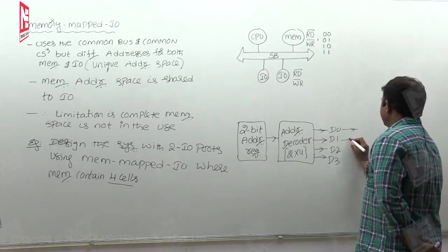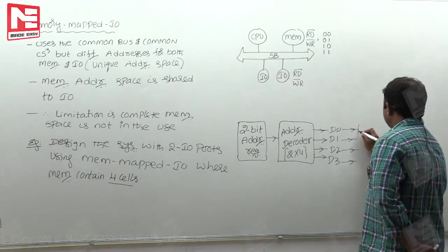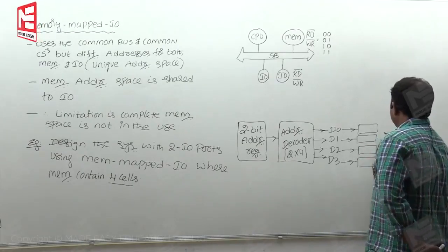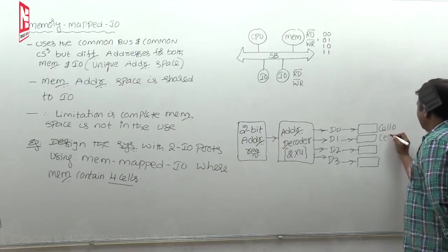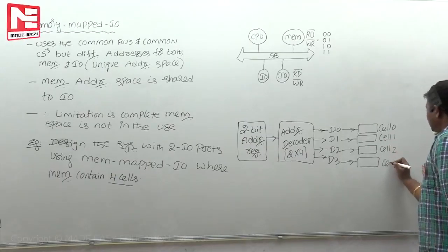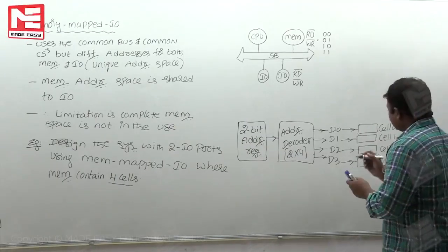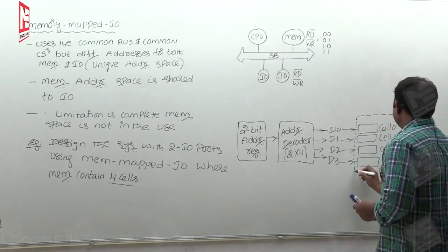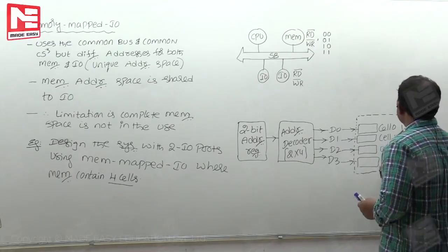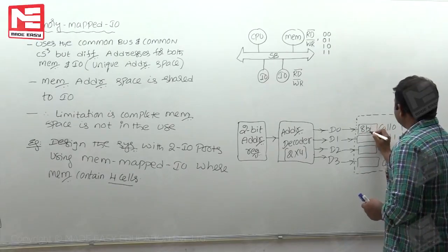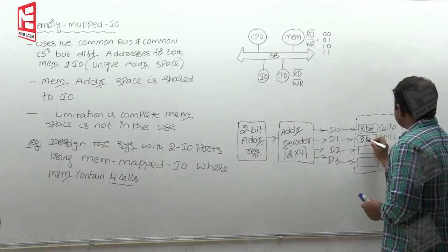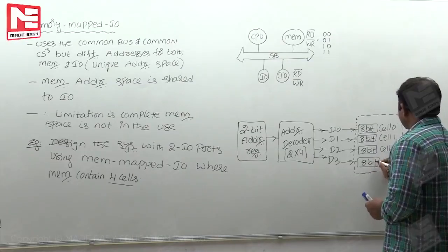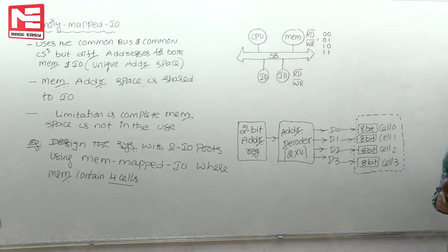Each signal is connected to the corresponding cell, like this. 4 cells are there: cell 0, cell 1, cell 2, cell 3. Correct? So these are the 4 cells of a memory. Good. Now in every cell, an 8-bit storage space is present.